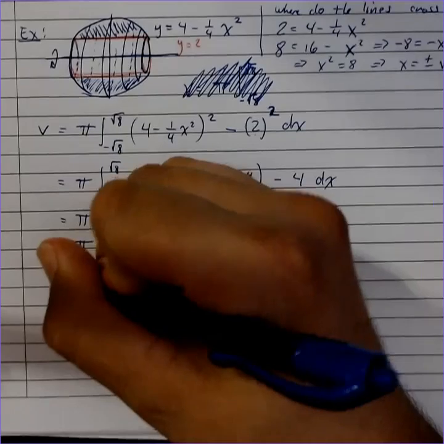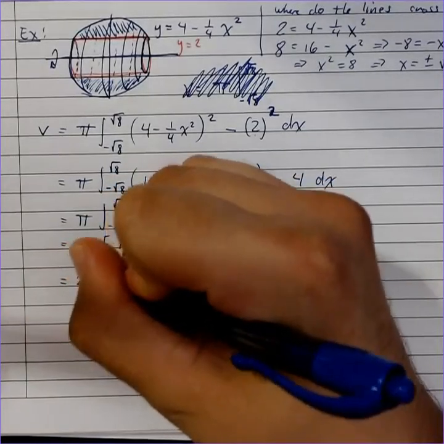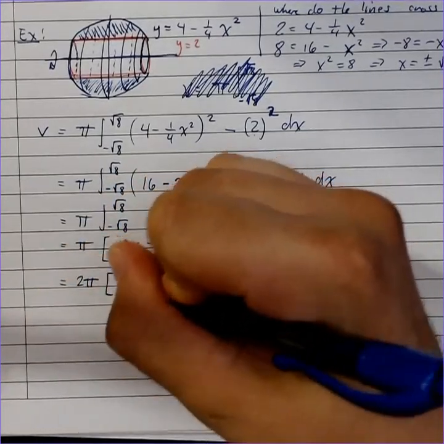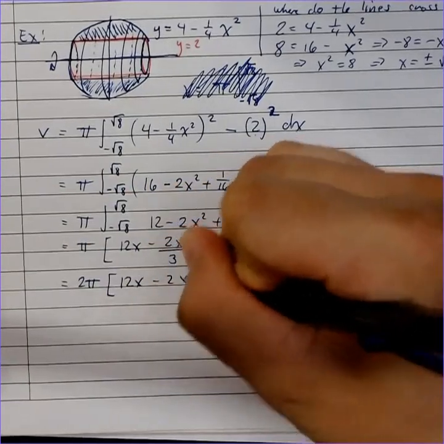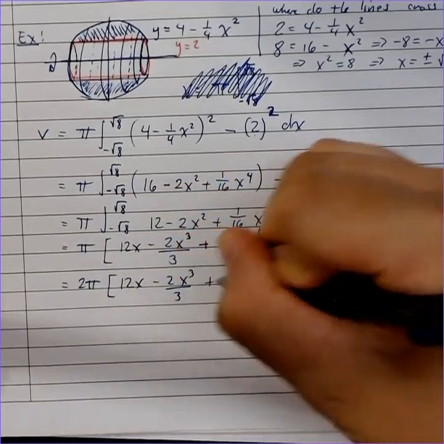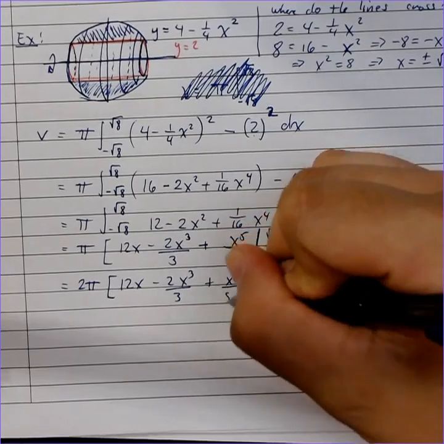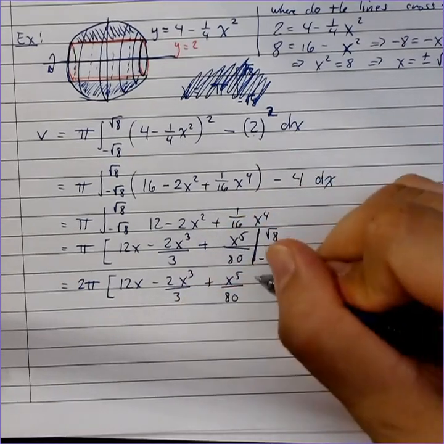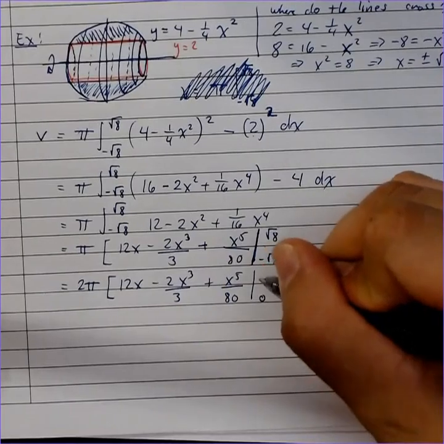All right? So here we can write this as 2 pi times 12x minus 2x to the 3rd over 3 plus x to the 5th over 80 evaluated from 0 up to root 8.